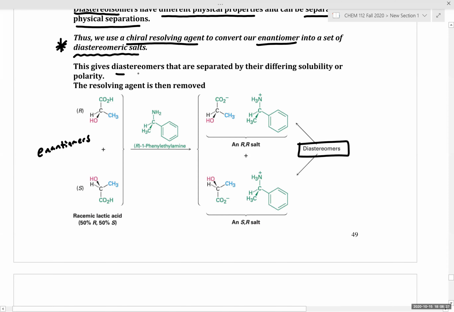These diastereomers can be separated by their differing solubility, and then the resolving agent can be removed. So this is practically how enantiomers are often resolved or separated. Resolution, in my opinion, is one of the more elegant methods of purifying and separating enantiomers because it can often be done in a single crystallization step.